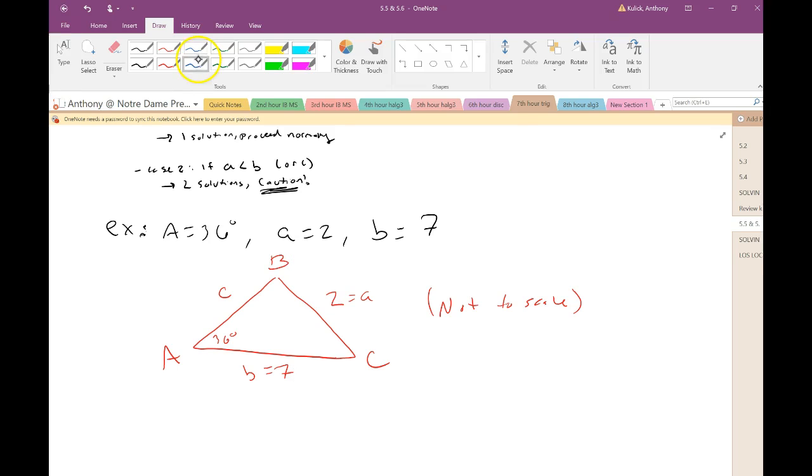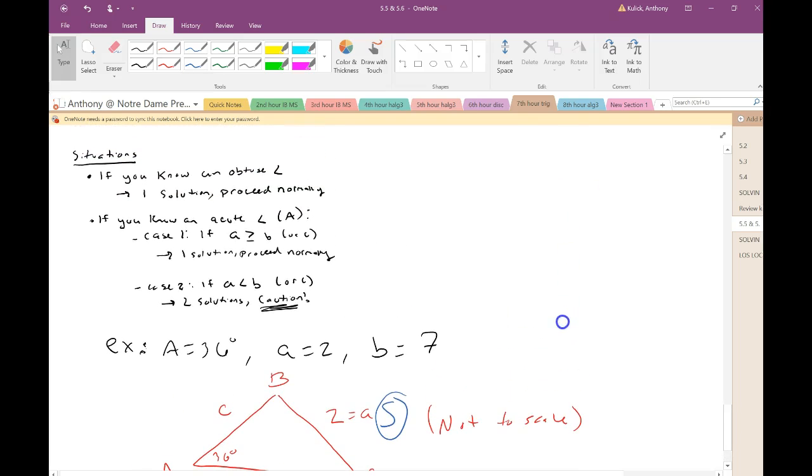From the drawing, hopefully you notice that this is the side-side-angle situation. And if we review our criteria for the side-side-angle situation, we are in the acute case.